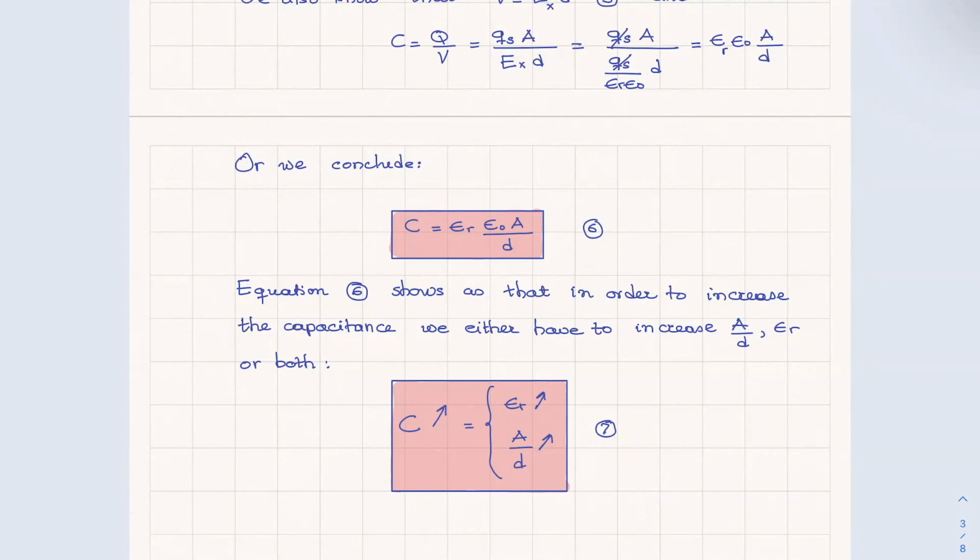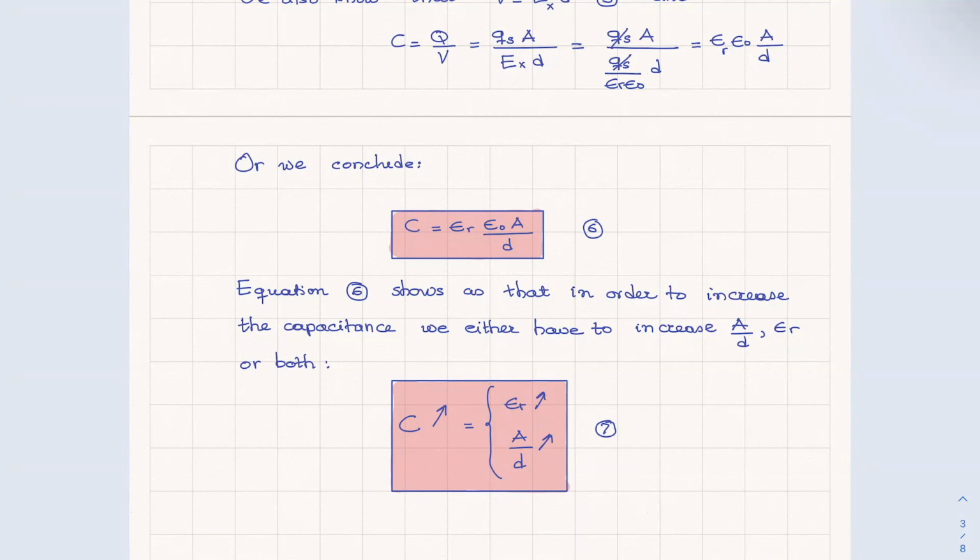So we would like to have an increased capacitance, and therefore either we increase epsilon sub r, or we increase the ratio of A over D, which means the following. We always need, which is true in an ideal capacitor, to have the area much larger than D. So we try to maximize that ratio. And in addition, we try to maximize epsilon sub r. The combination of the two gives us the desired C.